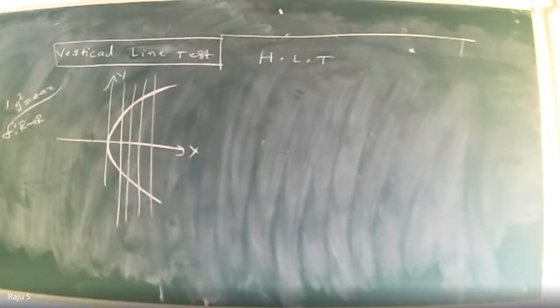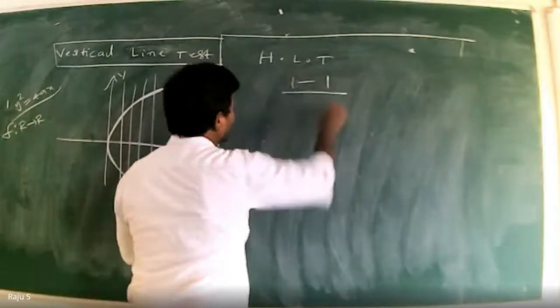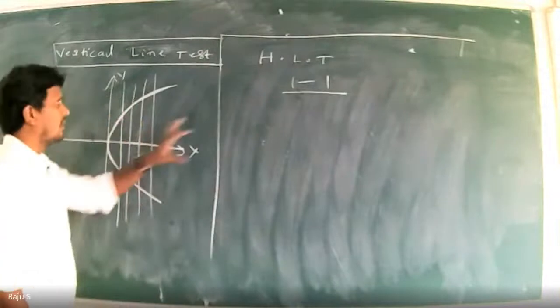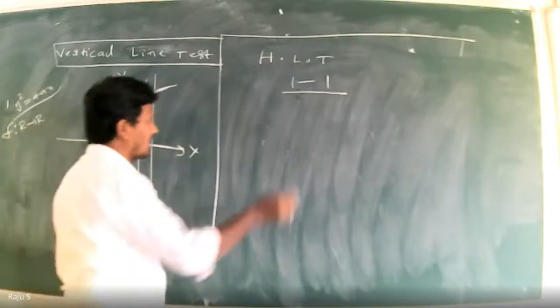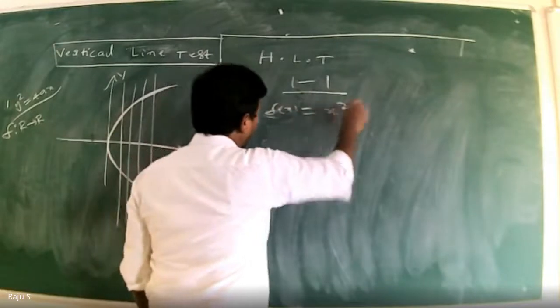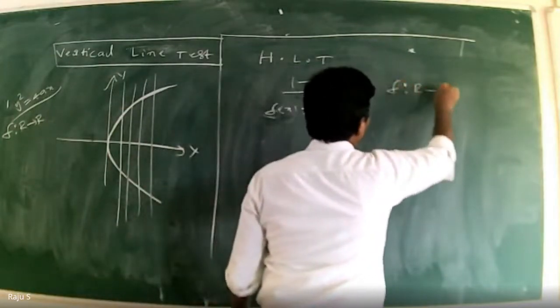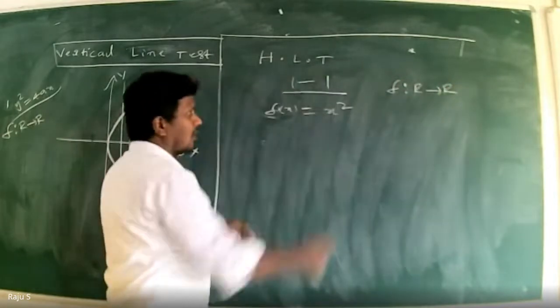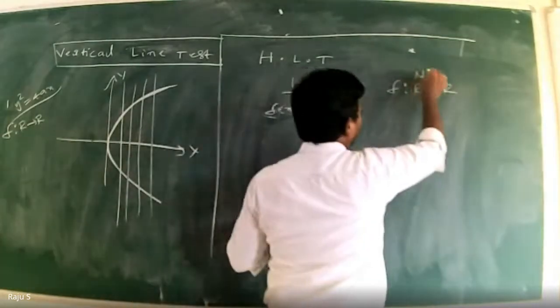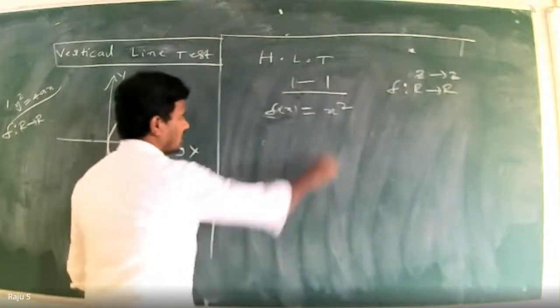Now to check the one-one condition alone, we have to use the horizontal line test. For example, I am taking f of x is equal to x square, and define the function from R to R, real numbers, nothing but negative values, positive values, or else you can take Z to Z, integers also. So what is the graph?